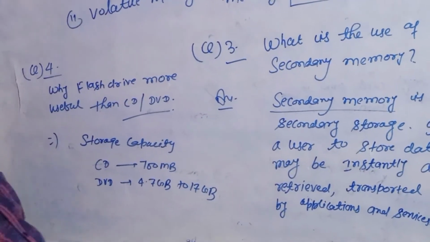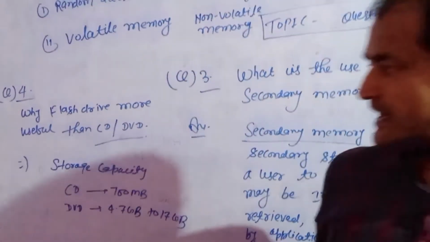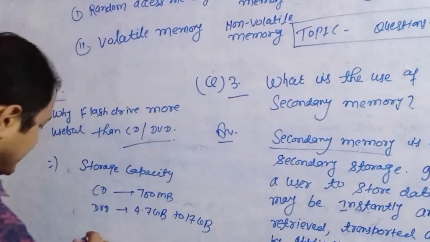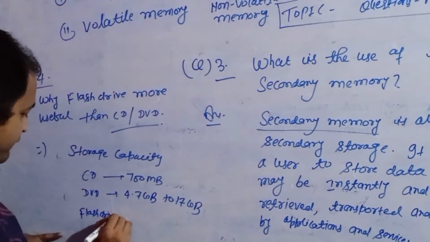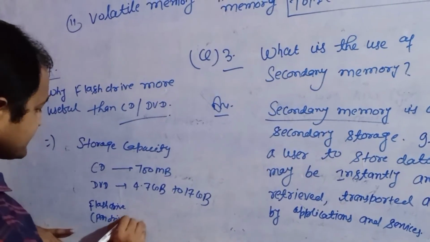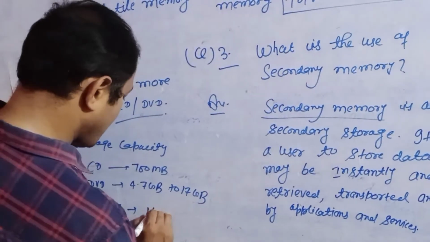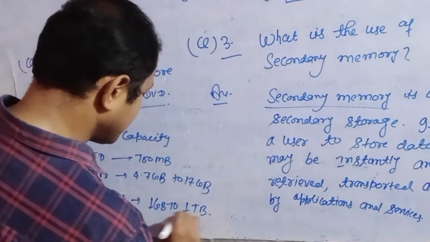And the flash drive. What is the flash drive? Flash drive means pen drive. The storage capacity is 1 GB to 1 TB.